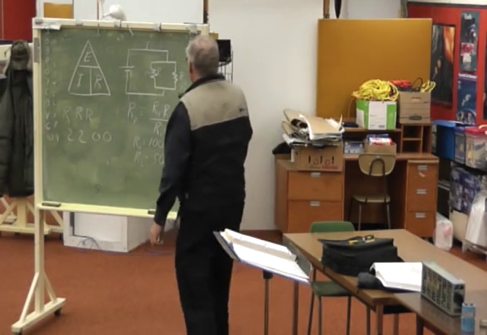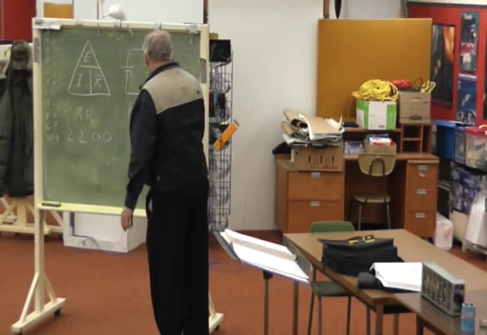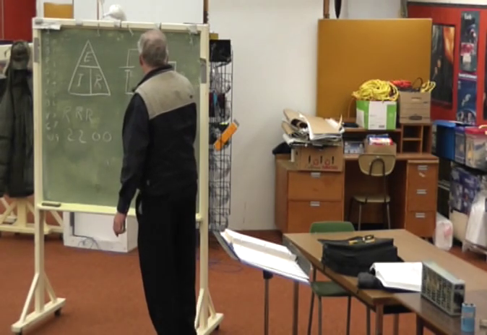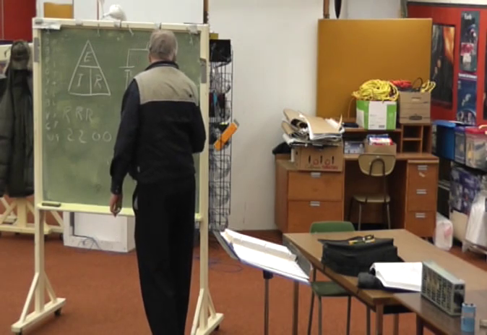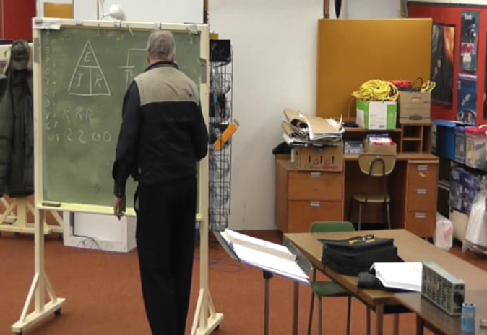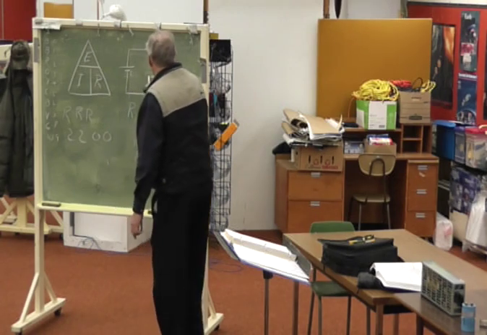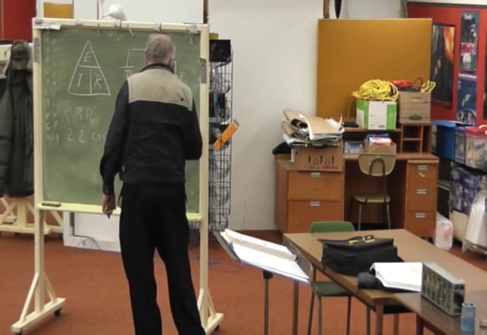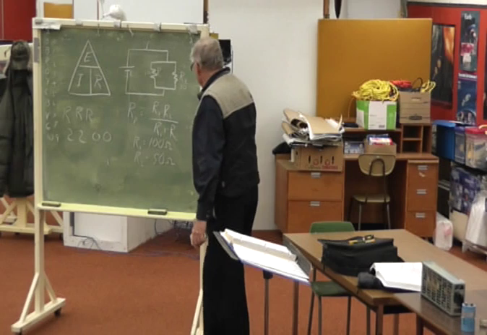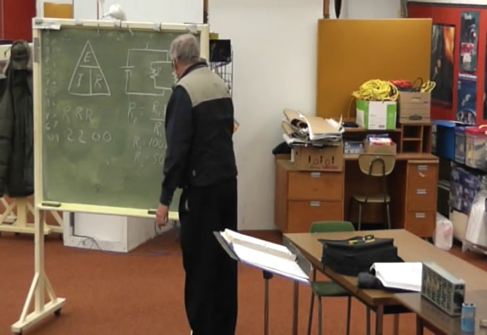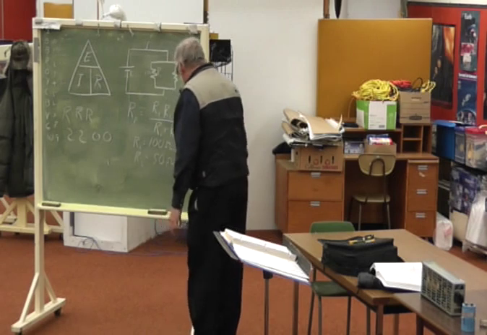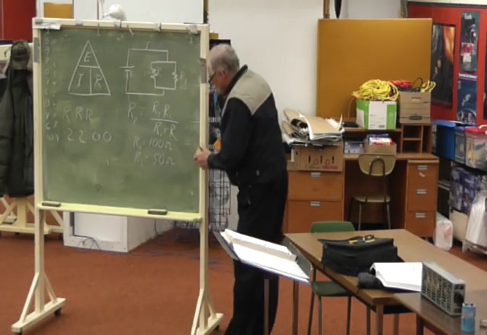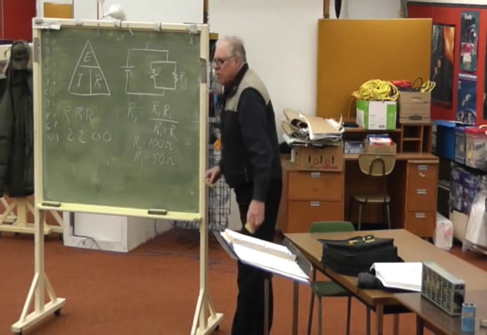Okay, so we've got 100 times 50, that's 5,000, divided by 100 plus 50. 33.3. You want a decimal in that? Normally we just stick with the, okay.